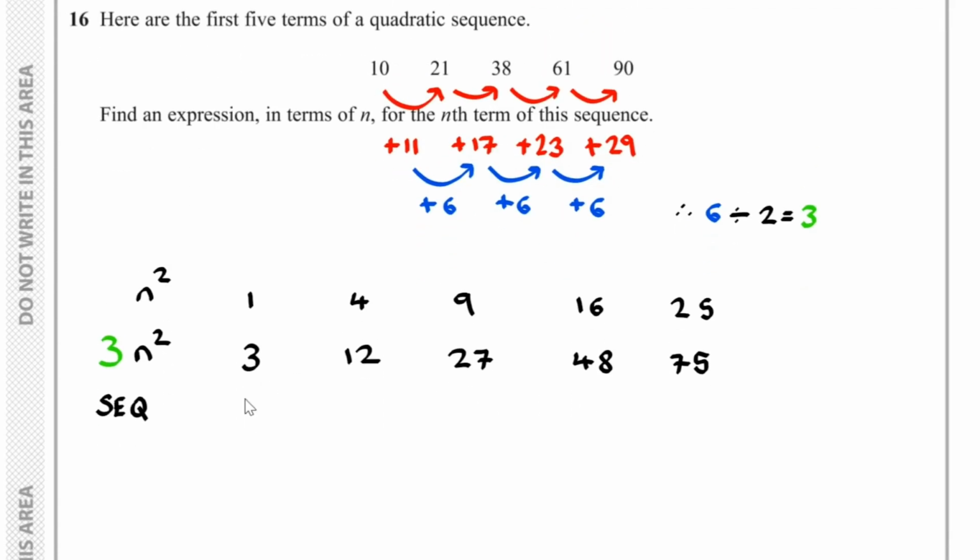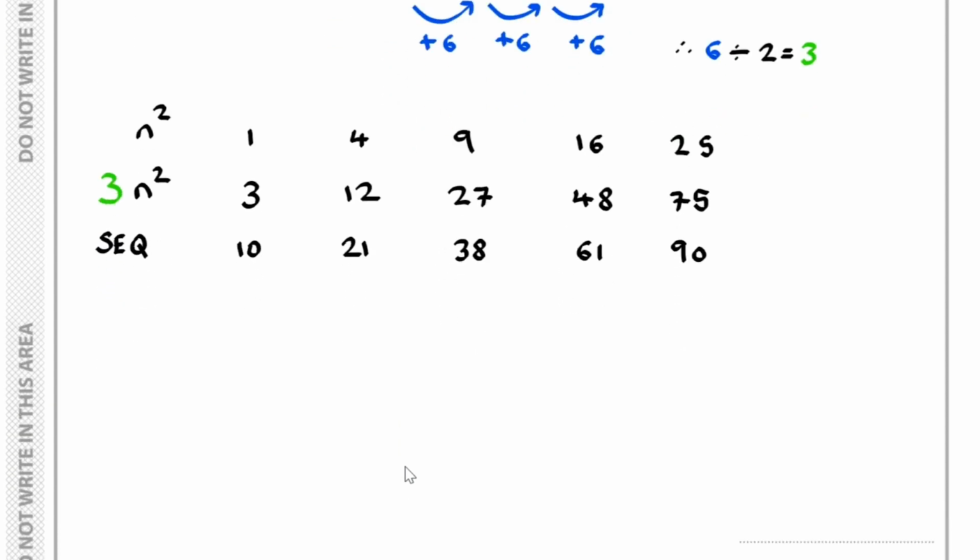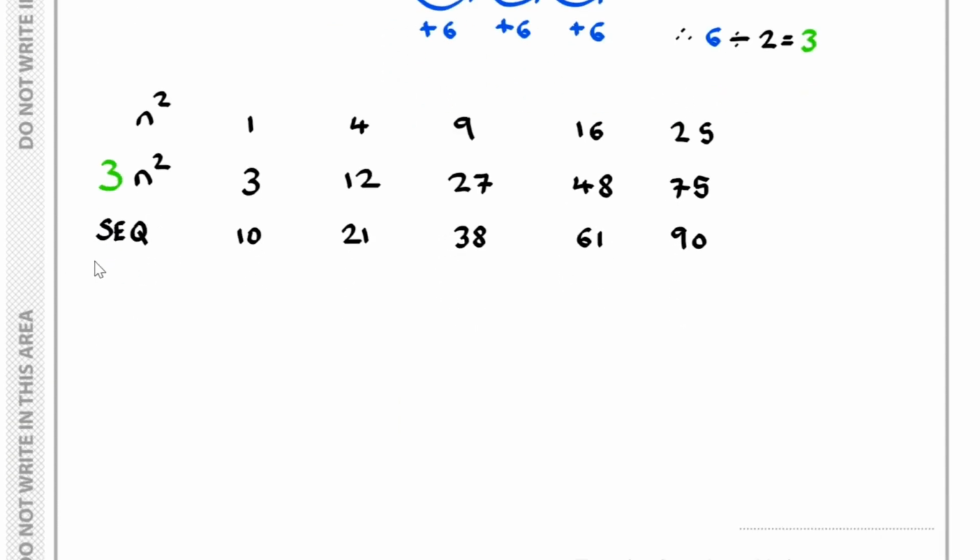So the sequence we have 10, 21, 38, 61, and 90. And then we find the difference between the sequence and the 3n squared.